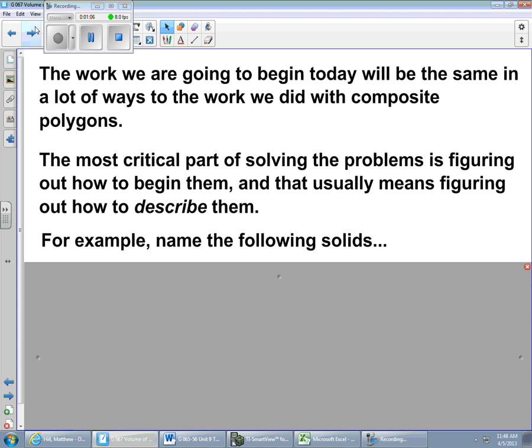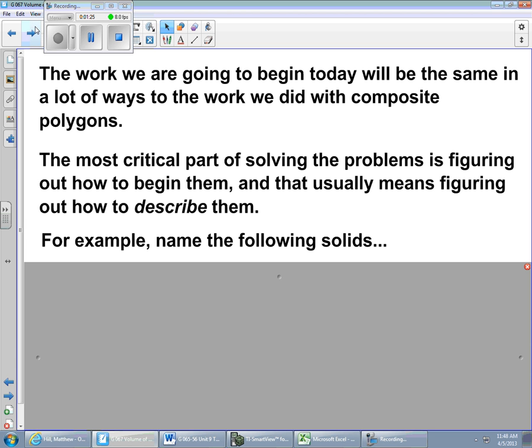Can you put the shape that you're looking at into plain English? If you can put it into plain English, then chances are you can match up what you're thinking with formulas that'll go along with that. And then hopefully we'll be able to get our information into the formulas and do our calculations.